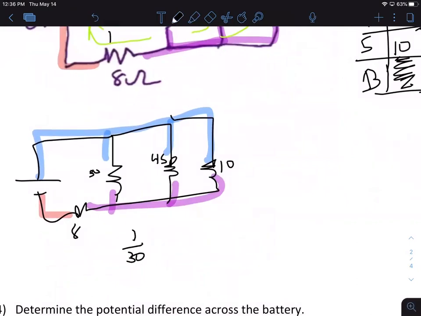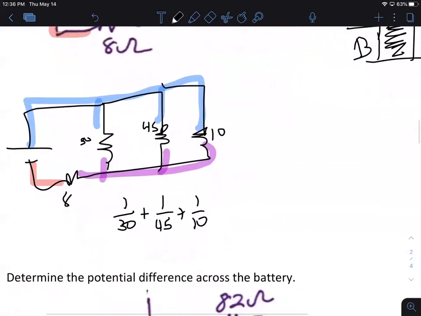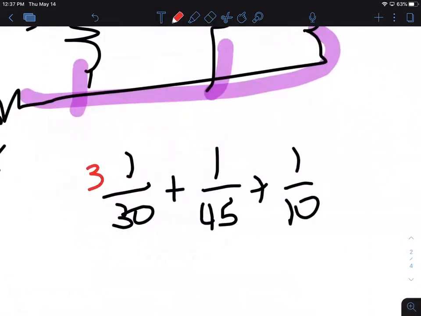So 1 over 30 plus 1 over 45 plus 1 over 10. That does not look like an easy denominator. The denominator would be 90, I guess, because it's twice this, 3 times this. So that would be 3 times this, twice this, and to get this to 90, that's times 9.